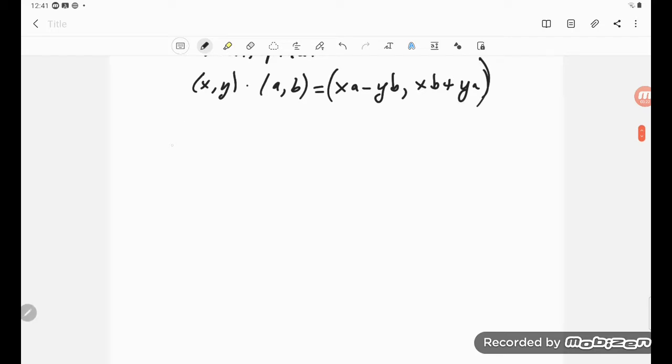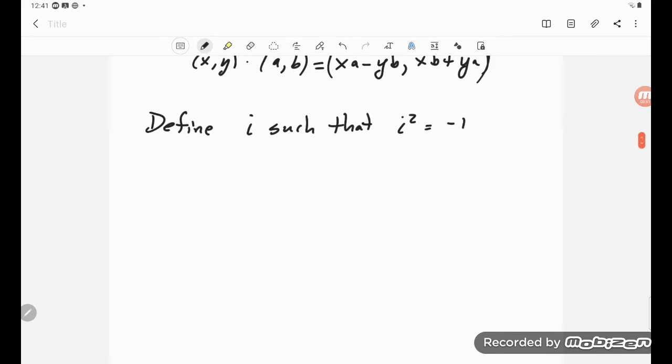But now let's define complex numbers in a slightly different way. So first of all, let's say that we're going to define i such that i squared is equal to -1. Okay, so that's very strange.